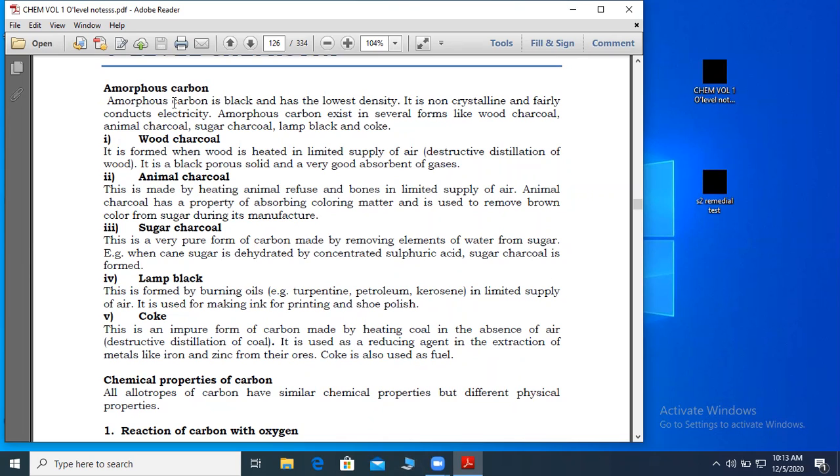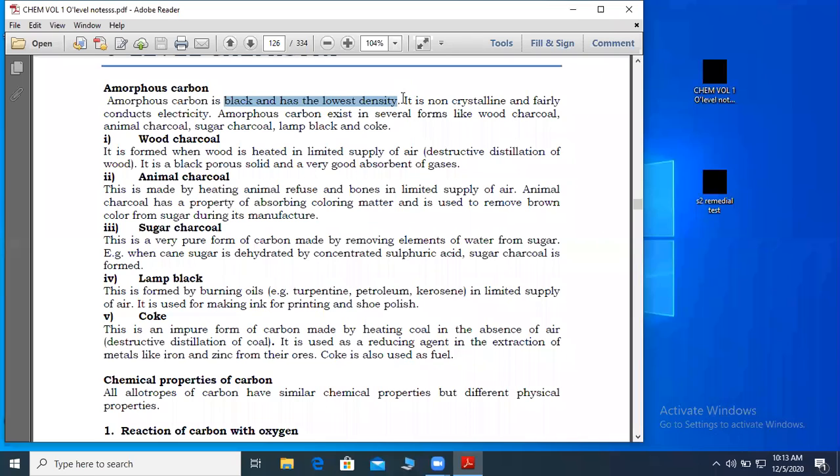Now you can look at the charcoal that you use for cooking. That is amorphous carbon. Amorphous carbon is black and has the lowest density. If you compare crystalline and amorphous forms of carbon, crystalline carbon has a very high density.